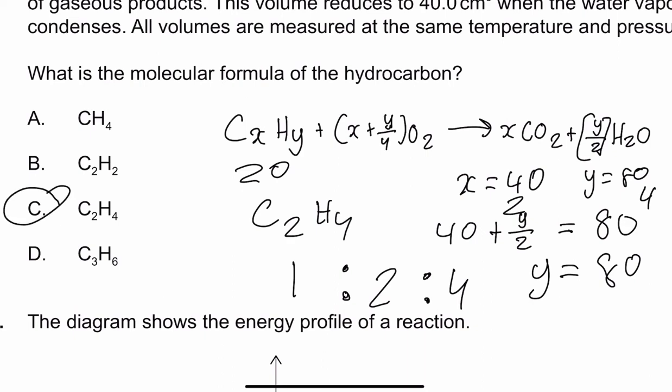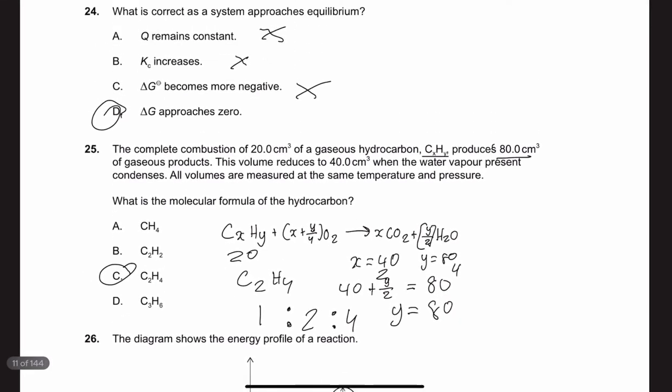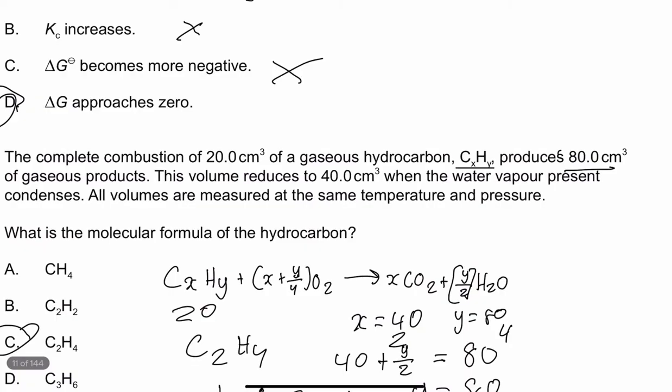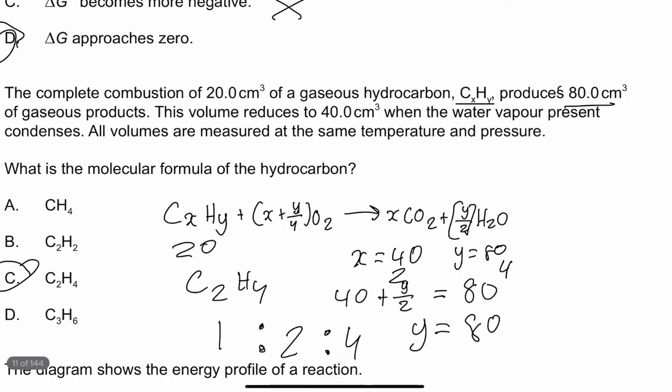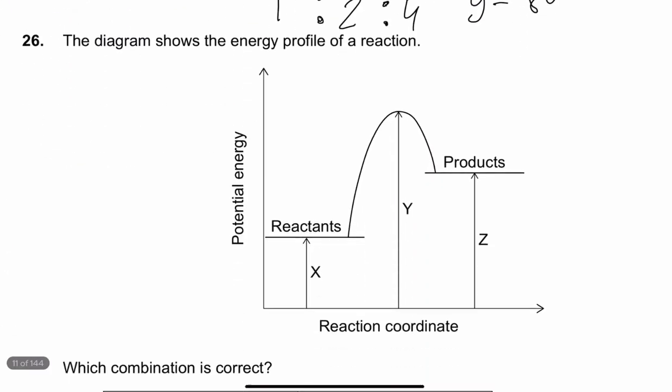That gives us C. Nice question. I think it can be a bit confusing to have to use ratios, but you have to recognize that you can just use these volumes as they are, because to convert to moles we're simply changing it by a constant, so there's no need to change it into moles. We can just use the volumes as they are, and we get C.